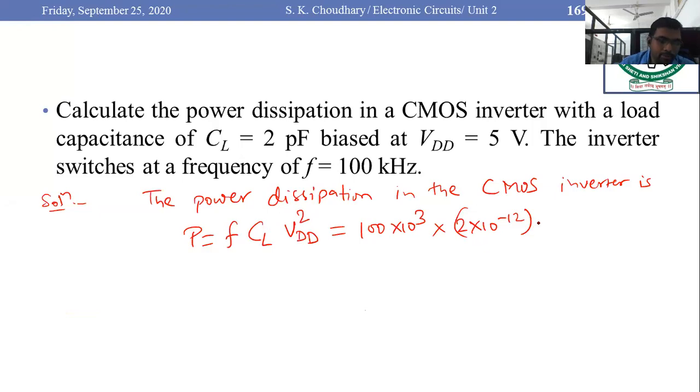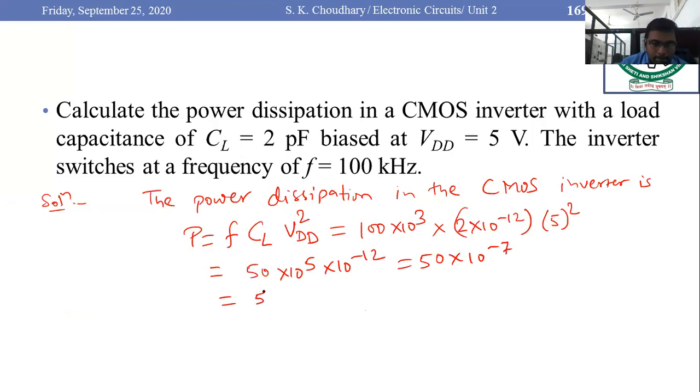Okay. Then what is the VDD? 5 volt, so 5 square. This is very simple and straightforward. Now you have to just put in the values. So 5 square is 25, into 2 is 50, into 10 to the power 5, into 10 to the power minus 12. So 50 into 10 to the power minus 7. So it would be 5 into 10 to the power minus 6, meaning 5 microwatt.